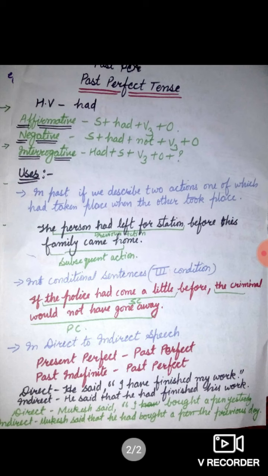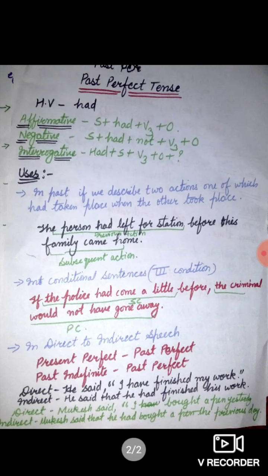the subordinate clause, it is beginning with a particular conjunction. And the second clause is, the criminal would not have gone away. This is the principal clause. In the subordinate clause, past perfect tense is used, and in the other part, would, should, could, might plus have plus V3 is used.